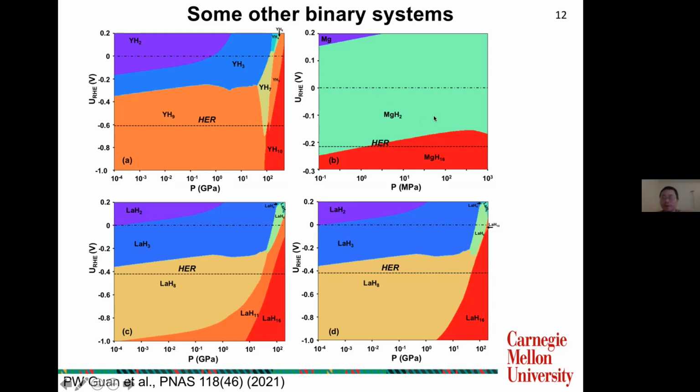Yeah, the polarization induced by the electric field. There will be this kind of effect. We haven't considered this yet. We haven't considered many other factors, for example the harmonic and anharmonic contributions to the Gibbs energy. But I think this will be interesting to consider in the future.